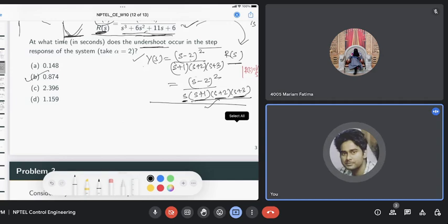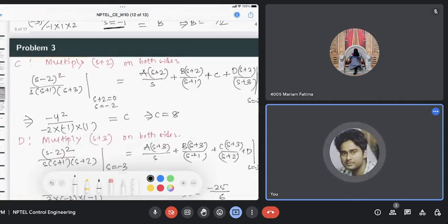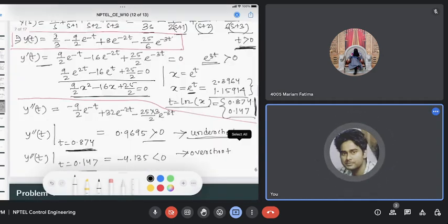This is the Laplace inverse transform. So you can see that is what we got in the response: one constant term, one term with e to the power minus t, corresponding to the pole at minus 1, this one corresponding to the pole at minus 2, and this to the pole at minus 3. So it is also one way to verify whether you have obtained the correct answer or not.